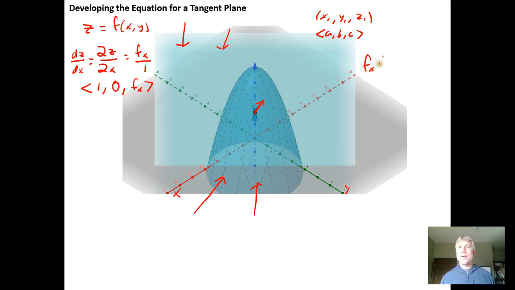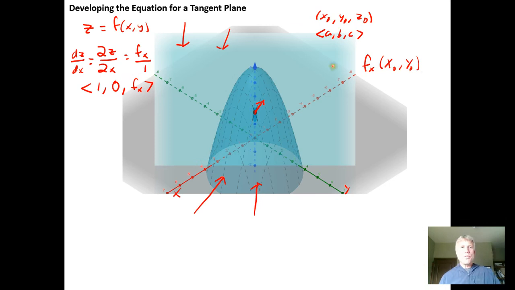So if we take f sub x and we evaluate it at x, if I label this x1, y1, z1, I'm going to evaluate the derivative at x1, y1. If I called this point I'm interested in x naught, y naught, z naught, then I would just evaluate my derivative at x naught, y naught.